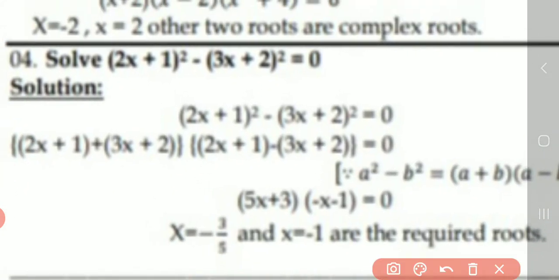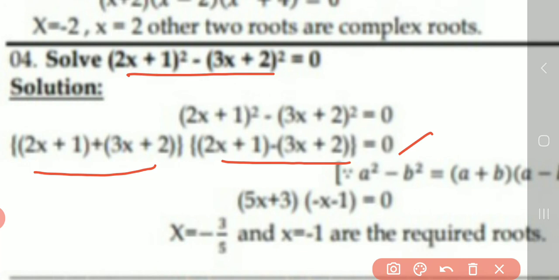Then the fourth problem: solve (2x + 1)² − (3x + 2)² = 0. Here this is in the form a² − b². I write the same formula, (a + b)(a − b) = 0.